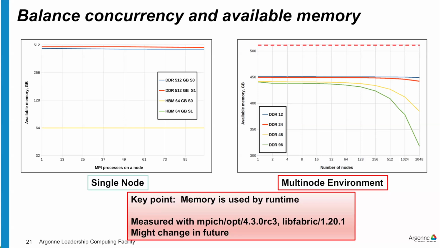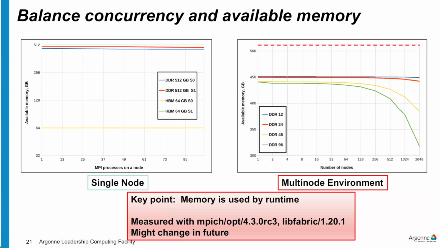However, remember that because we are not rebooting the nodes from job to job, you may face a situation where the previous job left memory allocated, and because of that, your available memory will not be as you expect. Because of that, if your memory capacity is limited, it's a good idea to check how much memory you actually have at the beginning of your run.